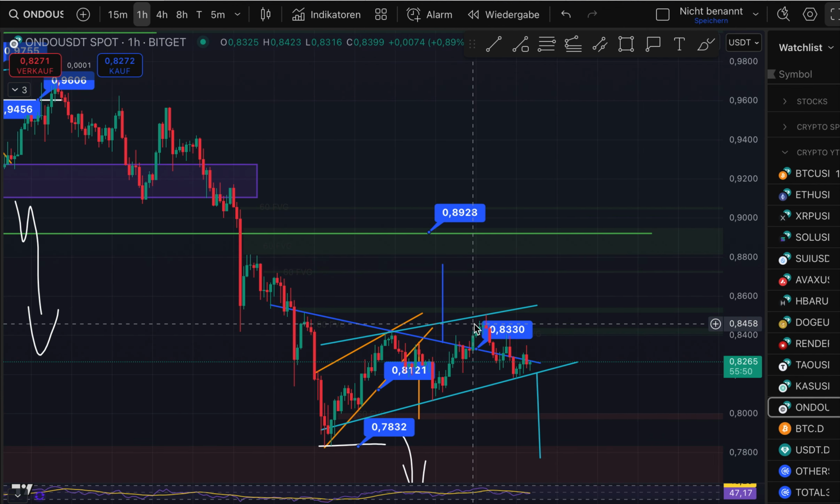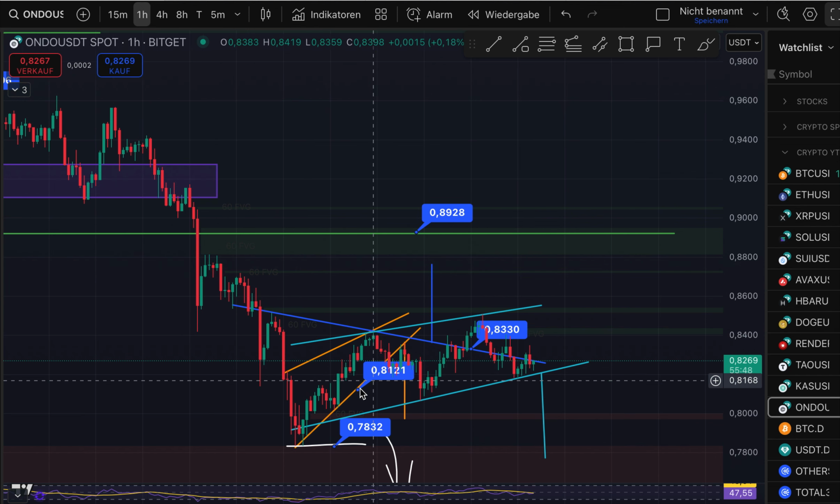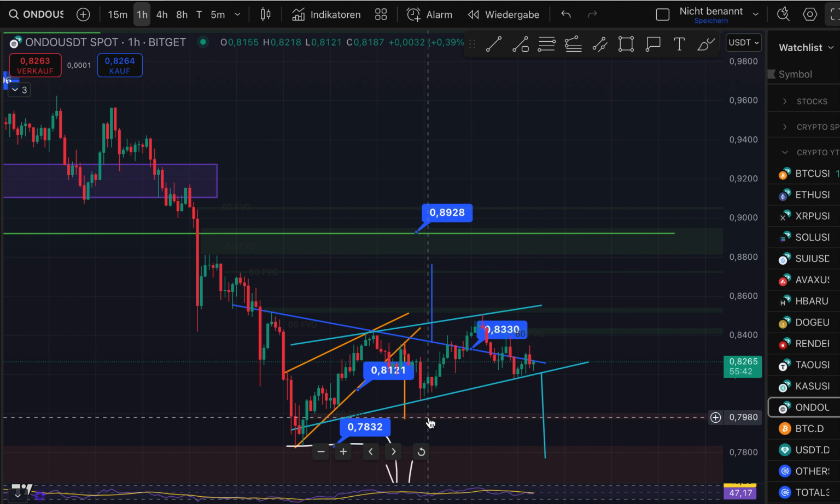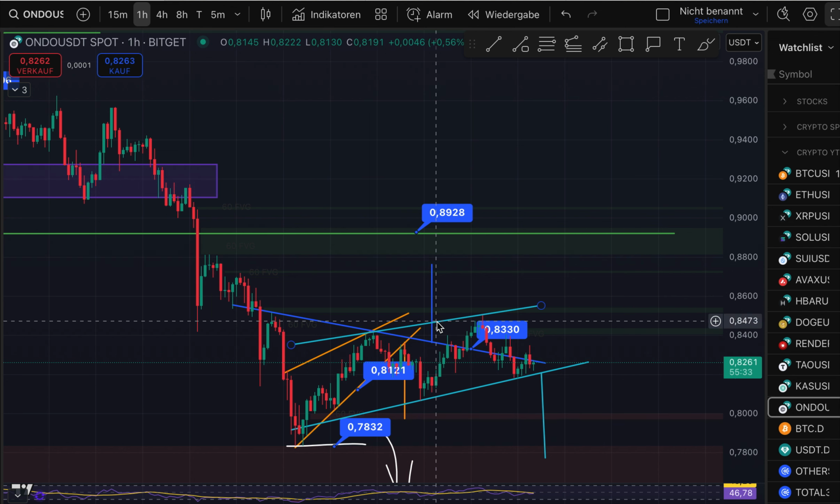So what about ONDO? The rising wedge in orange didn't get invalidated yet. Target is still ongoing, 79.8 cents. What we also formed, in my opinion, is another, I don't want to call it a rising wedge, but it could also be a bear flag in bright blue.